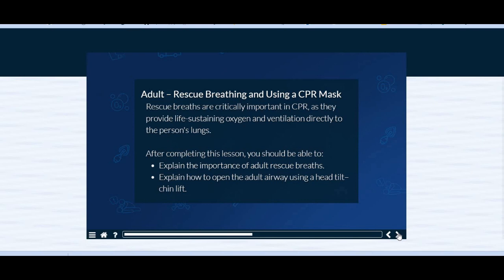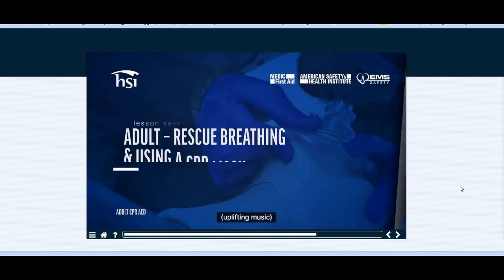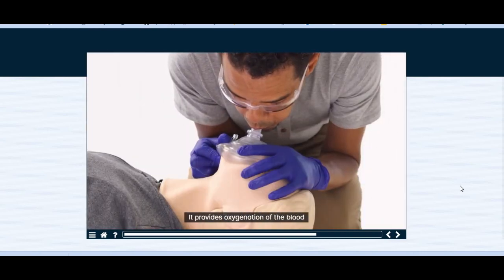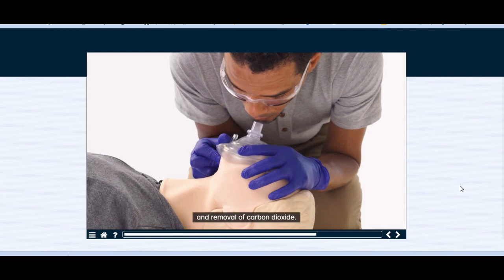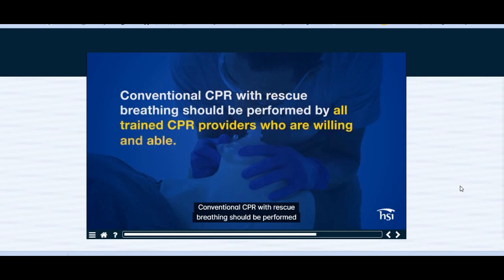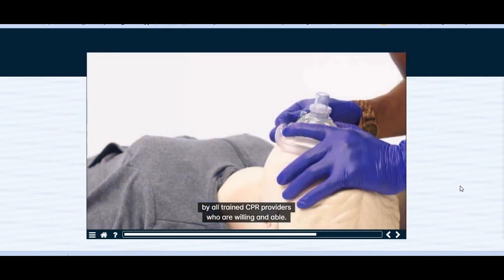After completing this lesson, you should be able to explain the importance of adult rescue breaths, and explain how to open the adult airway using a head tilt chin lift.